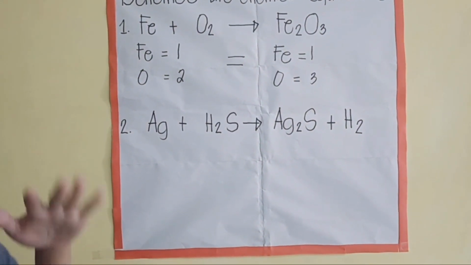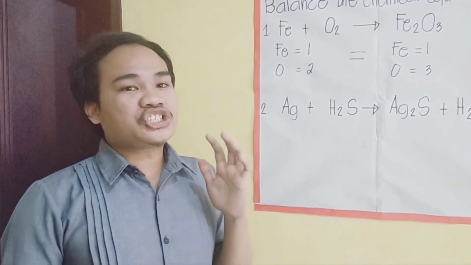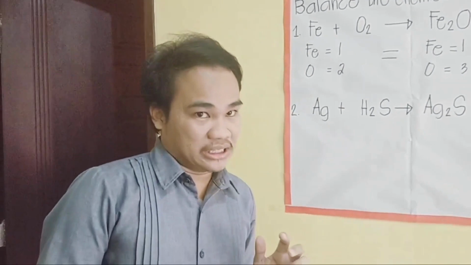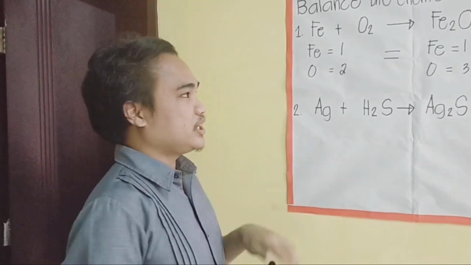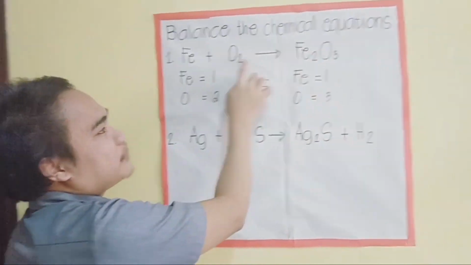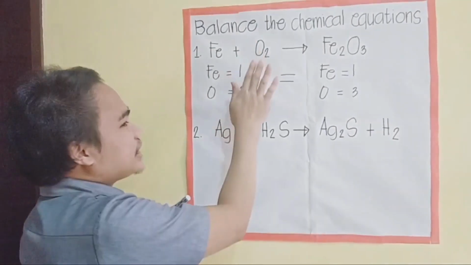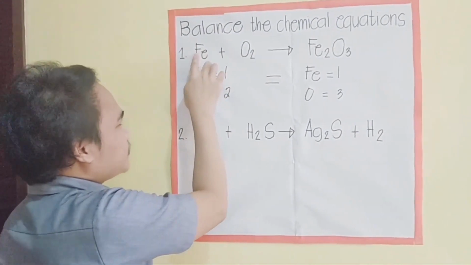And then step 2, only change the coefficient and do not change the subscript. Do not change the subscript or the number of atoms. It means you can only change the coefficient. This one, the coefficient.